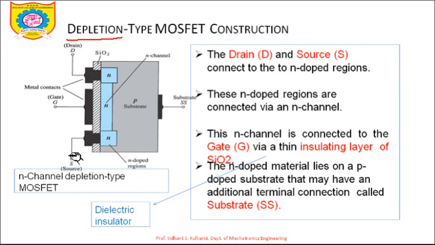So the basic difference is that the channel is initially present in a depletion type MOSFET, and in an enhancement type MOSFET, the channel gets created. Like a FET, it also has three terminals, namely drain, gate and source.